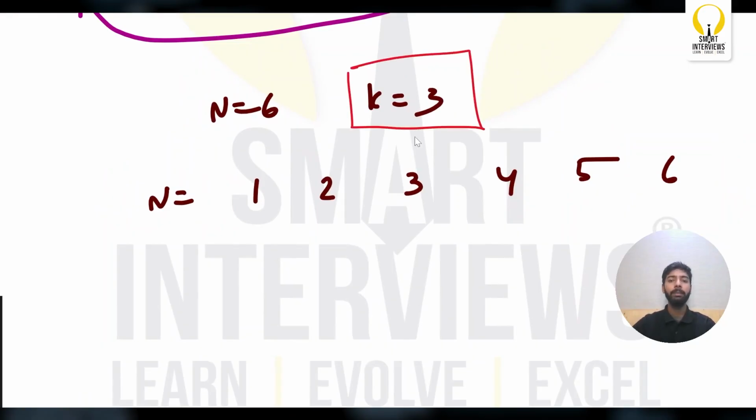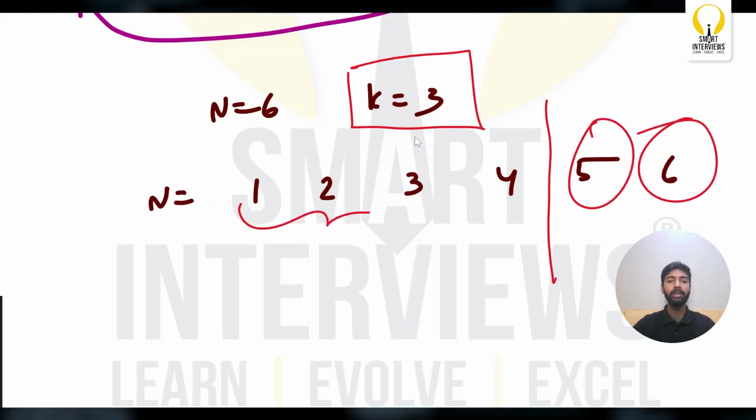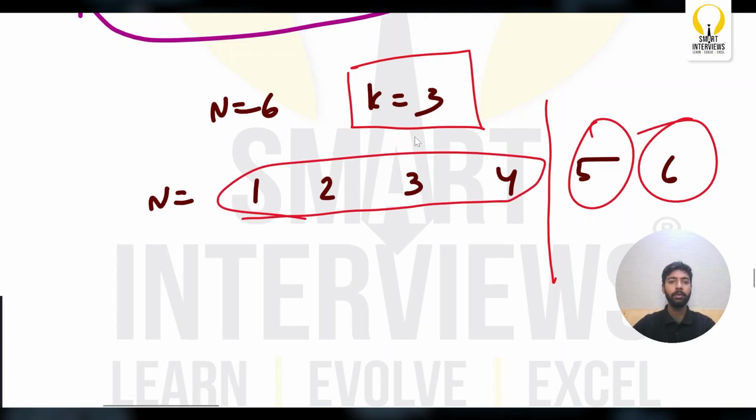I need 3. So that means I need to divide the array into 2 parts. From where to where should I divide? I need 2 unique elements, so I'll simply partition the array here. I have to somehow make all these elements a single unique element. So what should I do? I'll simply reverse this array. So this will become 4, 3, 2, 1, and 5 and 6 remain the same.